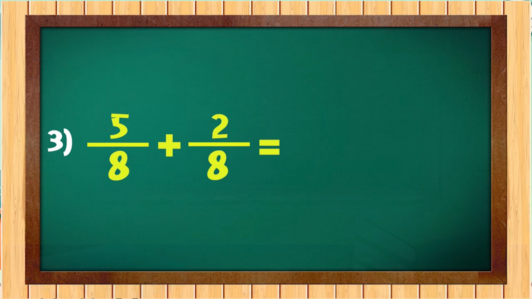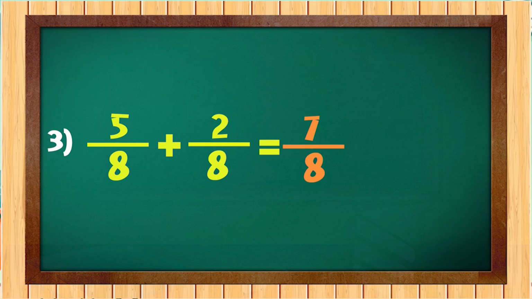Let's work the final one, boys and girls. 5 eighths plus 2 eighths. First thing we do, we add our numerators. 5 plus 2 equals 7. How did we get our denominator? We replaced it because both denominators are the same.